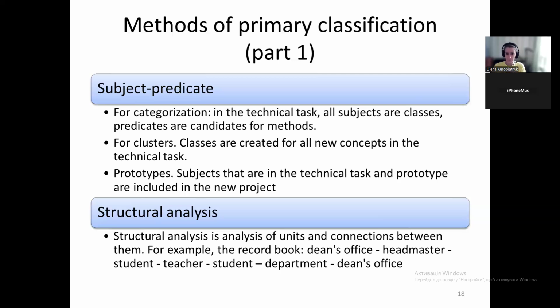In this example, we can see that we have some structure of the university: dean's office, groups of students, teachers, department, etc. And these elements have connections between them, and this method allows us to select these connections in the system.